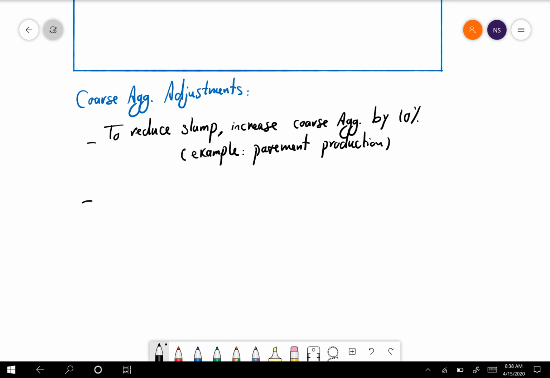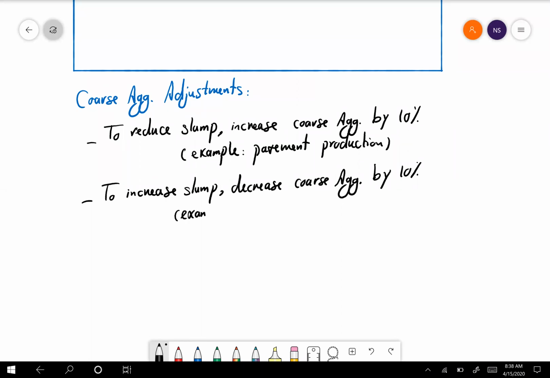And the other example: if you want to increase the slump, if you want a more workable concrete, decrease coarse aggregate by 10%. Another example for this one, when you want more slump, more fluidity or more workability of concrete, is concrete pumping.